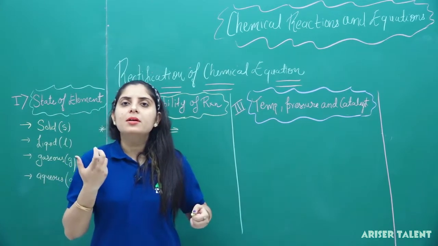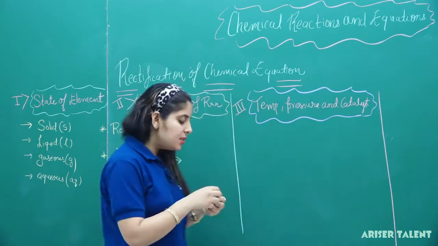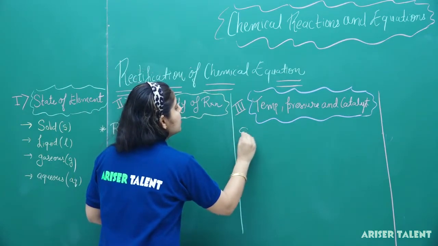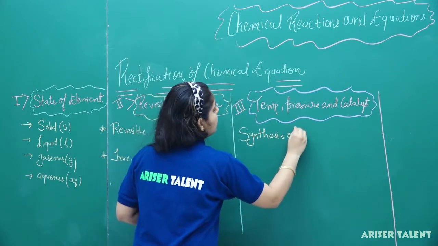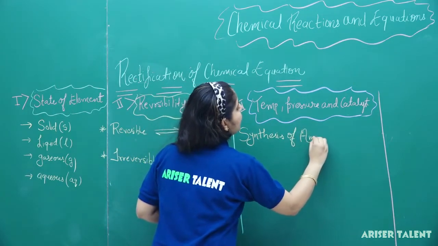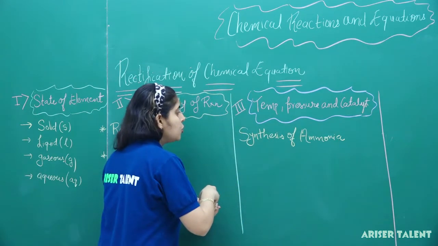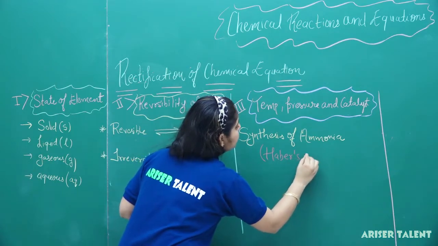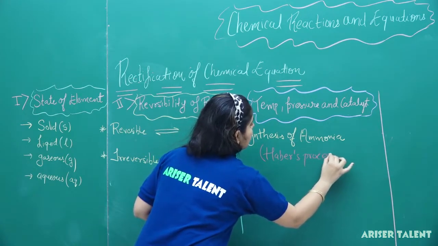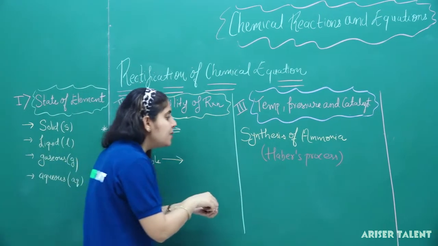Suppose we want to understand the synthesis of ammonia by Haber's process. So our example is synthesis of ammonia, which is basically known as Haber's process. We will write the equation in symbolic form.